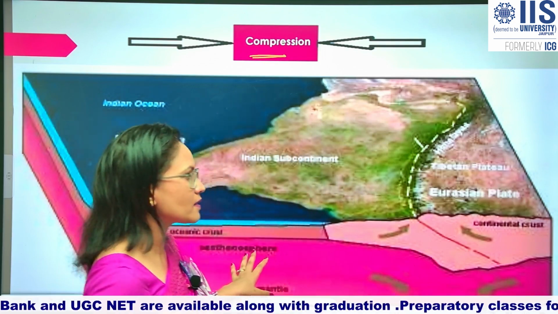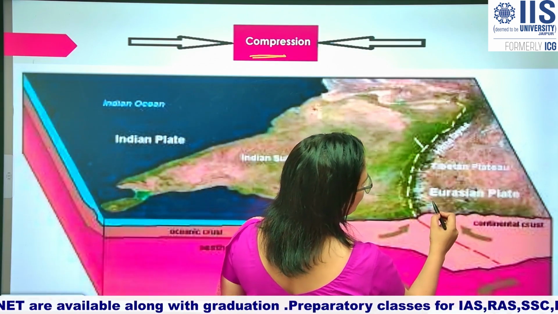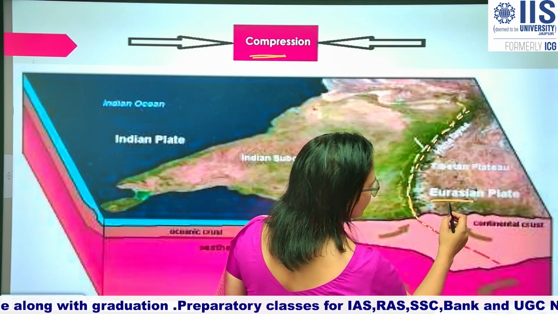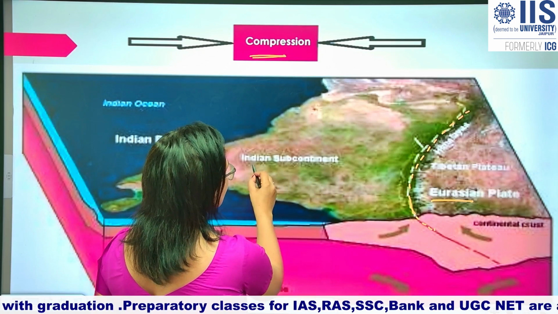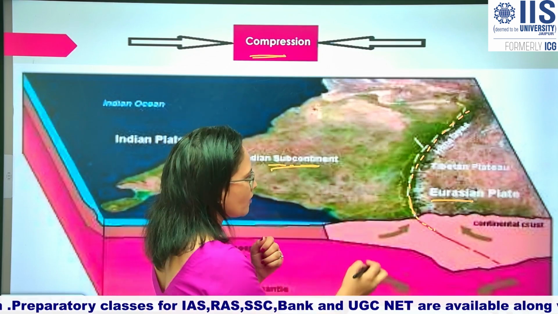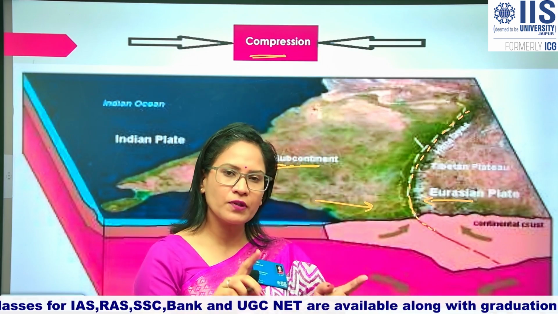Here is the best example, a live example we have: this is the Eurasian plate, right? This is the Eurasian plate and this is the Indian subcontinent plate, right? Both plates are moving towards each other with different speeds.